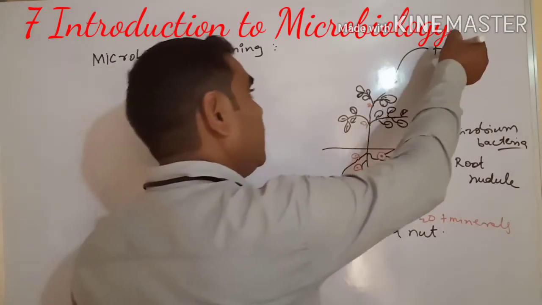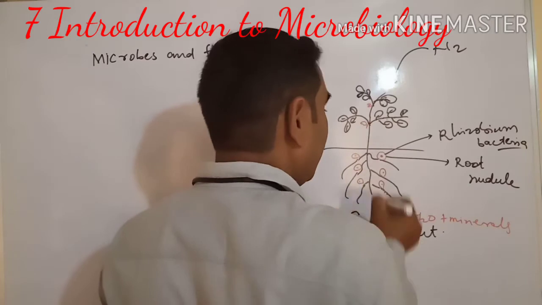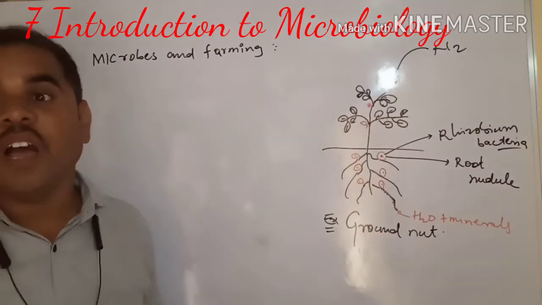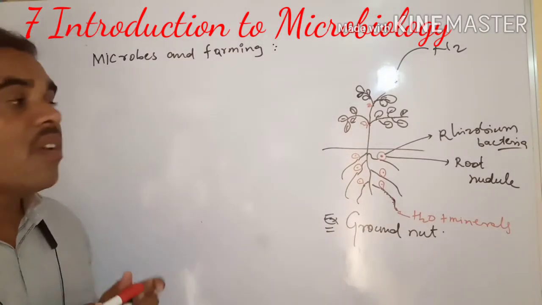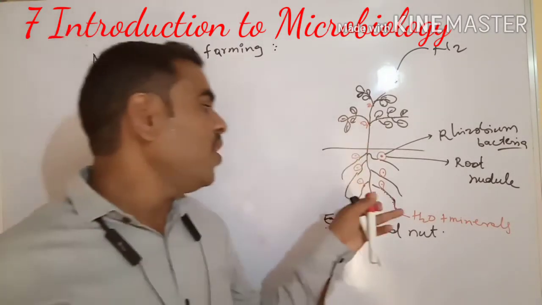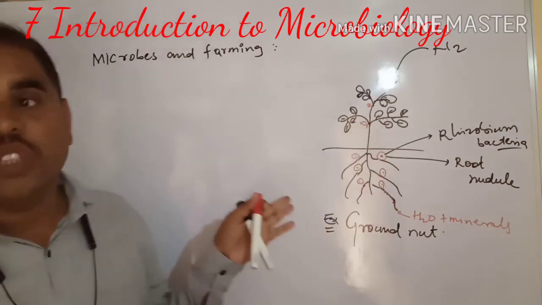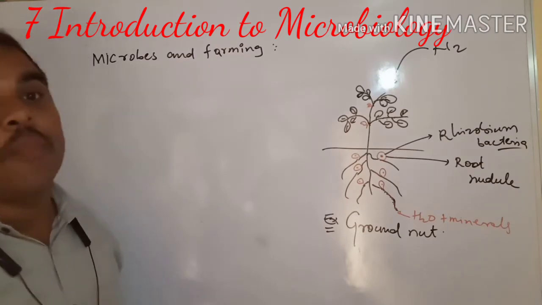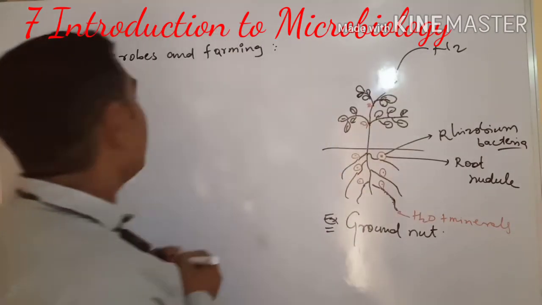They are taking the nitrogen from the leaves to here. See what will happen? Here the rhizobium bacteria prepare ammonia and give the ammonia to the plants for growth and production of protein rich food substances.